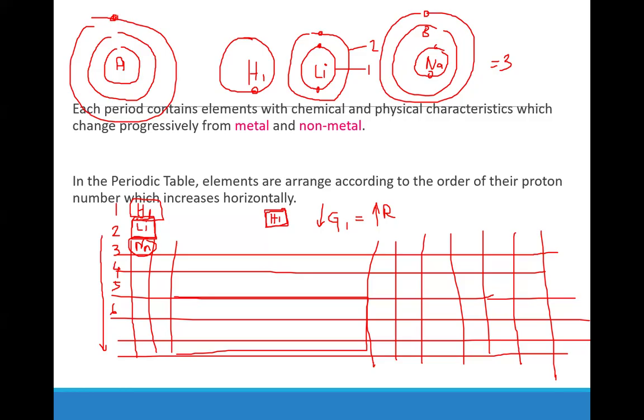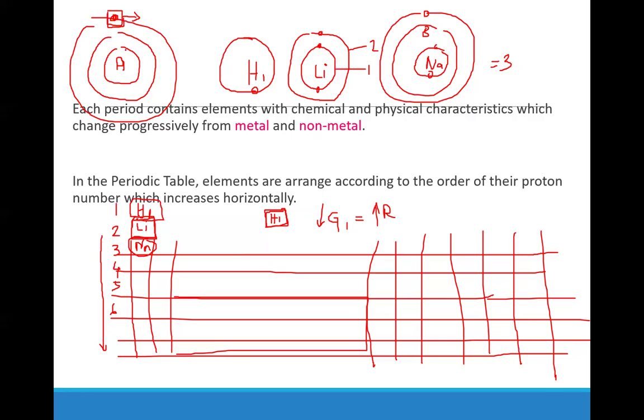All chemical reactions, the outermost electrons are concerned with that. So if the number of shells is increasing, is this outermost electron moving away from the nucleus or towards the nucleus? Away. Okay, exactly. It's moving away from the nucleus.